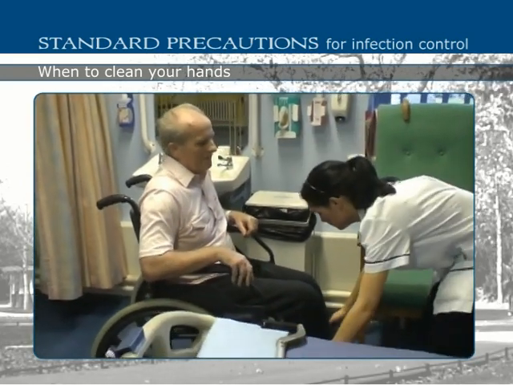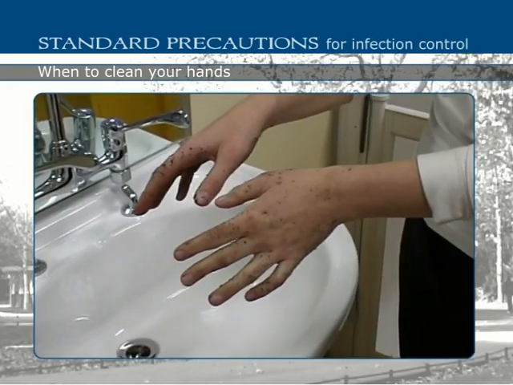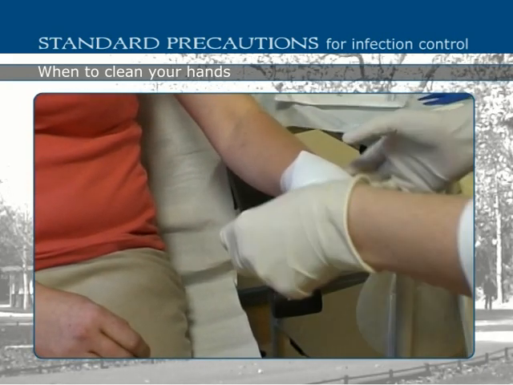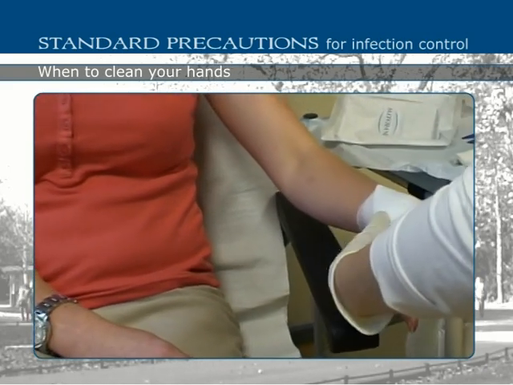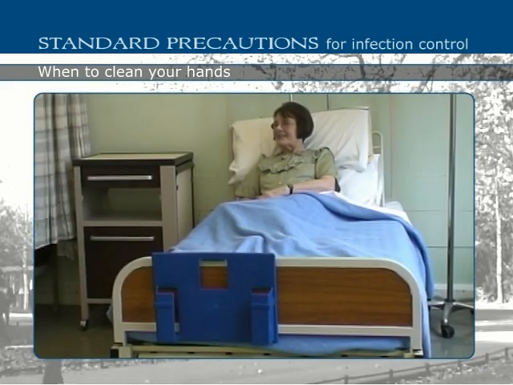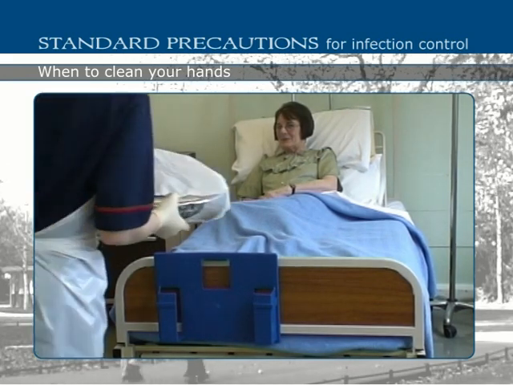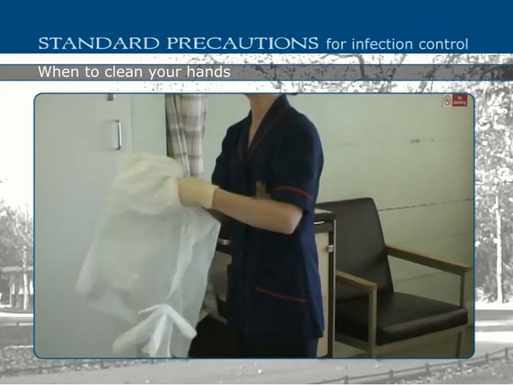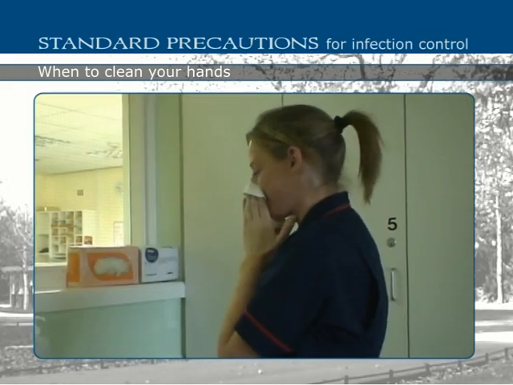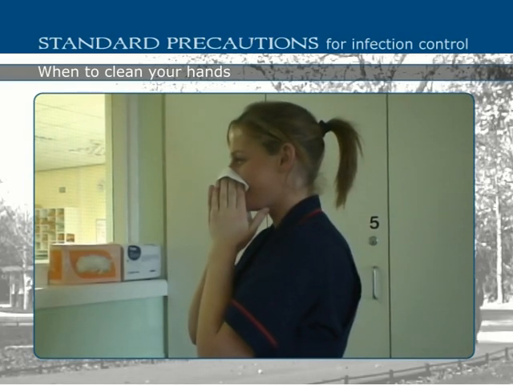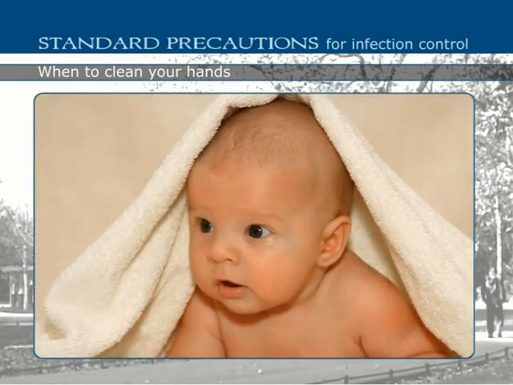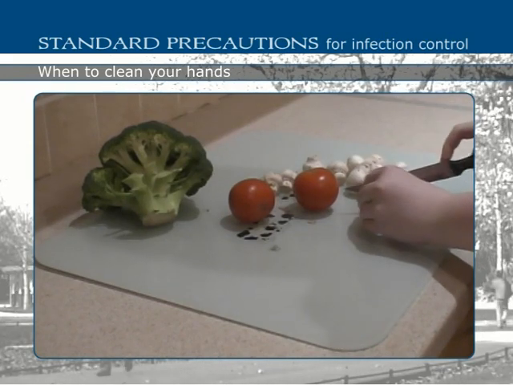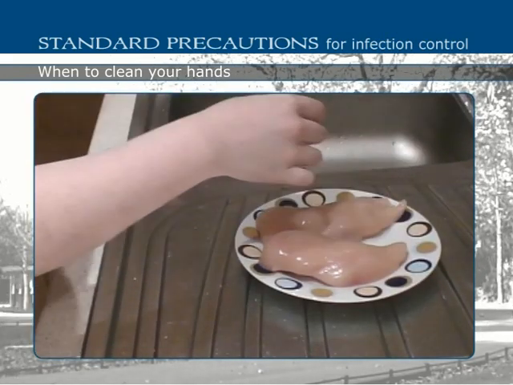Some obvious examples include if your hands look dirty or feel sticky, after taking a client's blood pressure, dressing wounds, or tending catheters, having handled bedpans, commodes, incontinence wear, before putting on and after taking off gloves or aprons, after using the toilet, blowing your nose, covering a sneeze or smoking, having changed a child's nappy, before and after eating or preparing food, having handled raw meat.